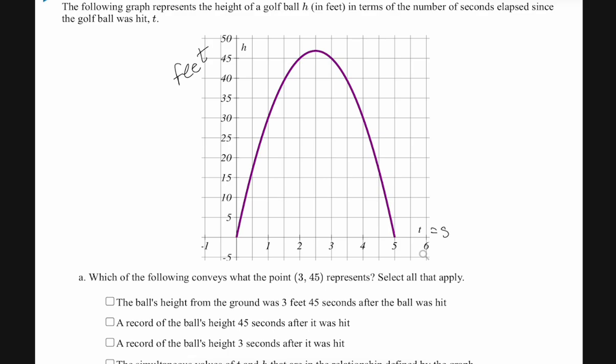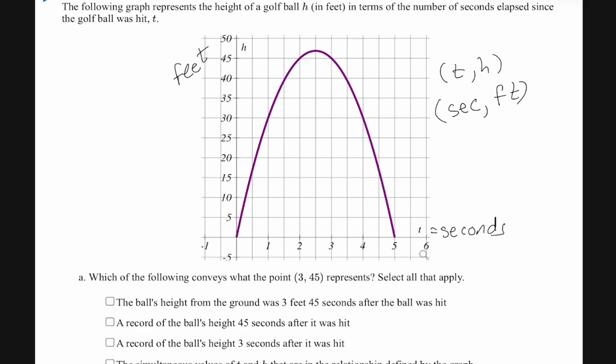This is seconds that has elapsed since the golf ball was hit, and they're calling that t. Height is h, which conveys what the point 3, 45 represents. So I would make yourself a little note that it's going seconds and feet.